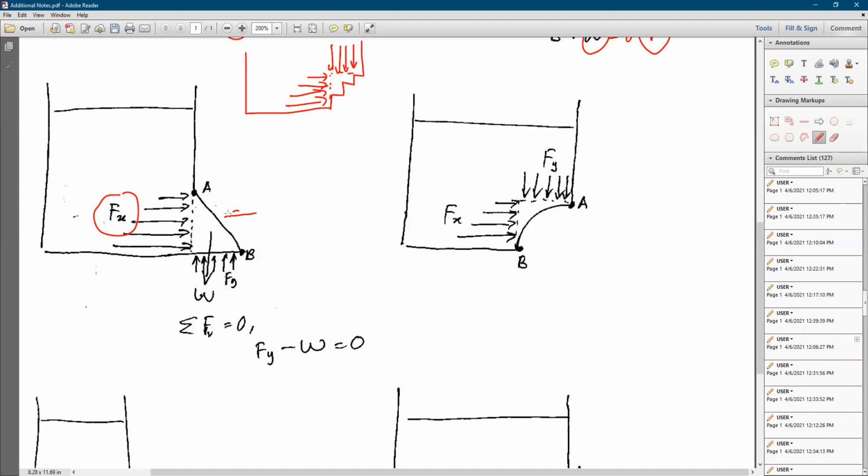So this is your FH, and down here is your FV. If FV is pointing downwards, therefore minus FV should be here, right? Okay, I forgot to put this one. So basically FV is equal to Fy minus W. Okay. Yeah, this is the correct one.